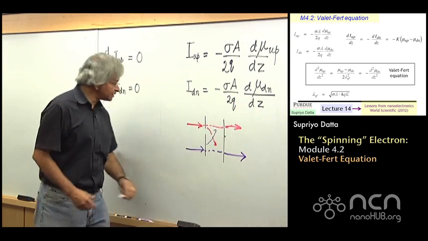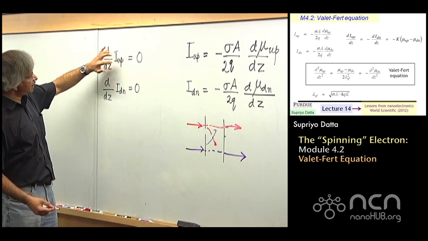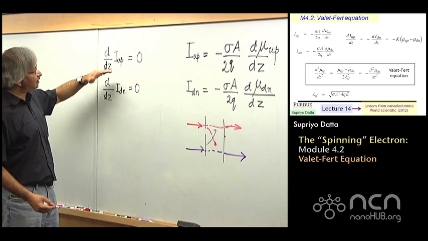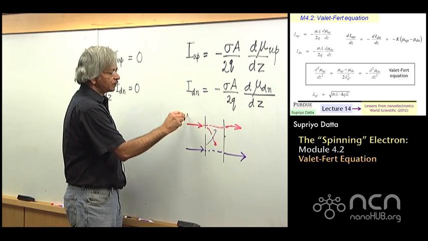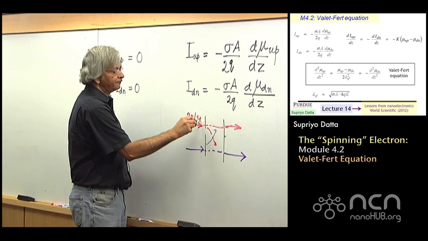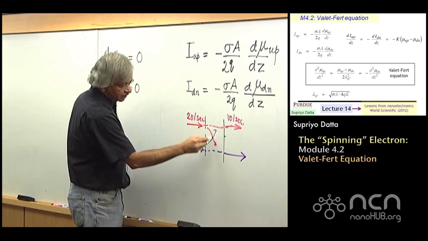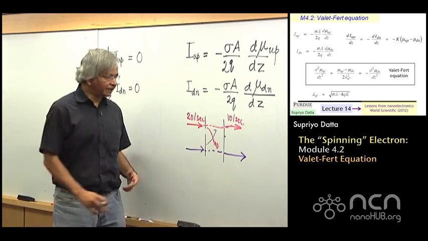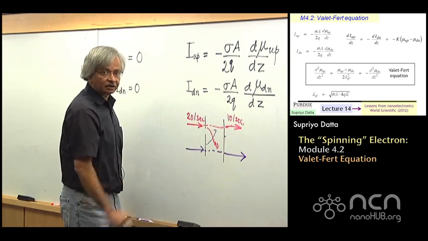So the sum of those two things, d/dz of I up and I down, together must be 0. But individually each one doesn't need to be, because I could easily have a situation where 20 per second came in here, only 10 per second left on this side, but the other 10 converted to blues and went off that way. See? But then of course, this went down, but the flux in the blue channel must have gone up.